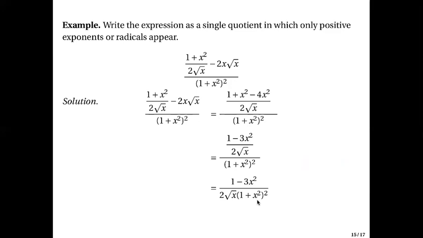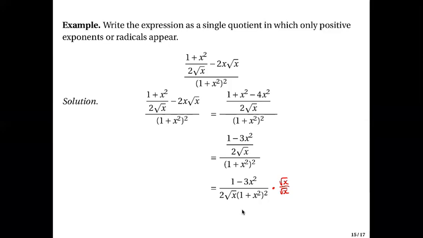And finally, denominator, this has square root of x. Okay? This has square root of x. So we can just multiply and divide by that square root of x.